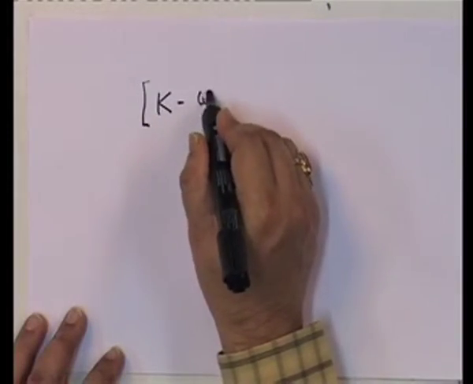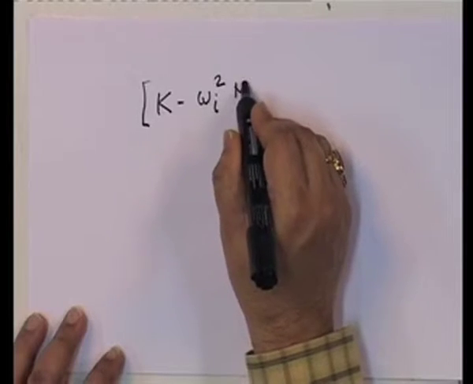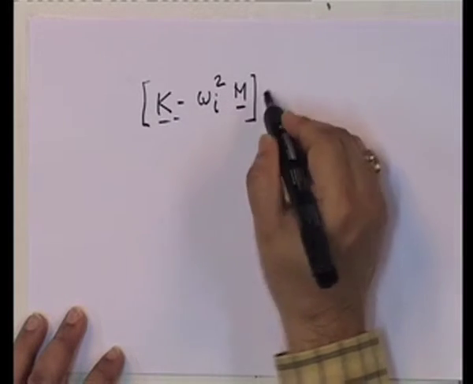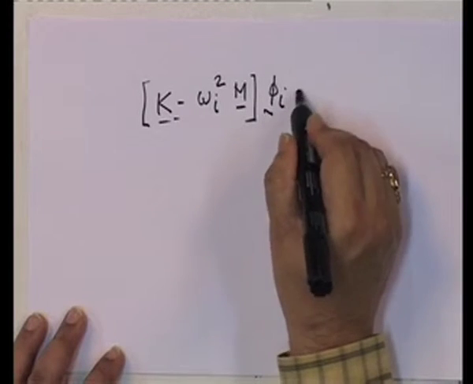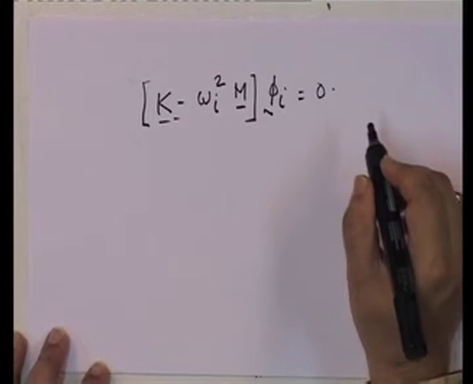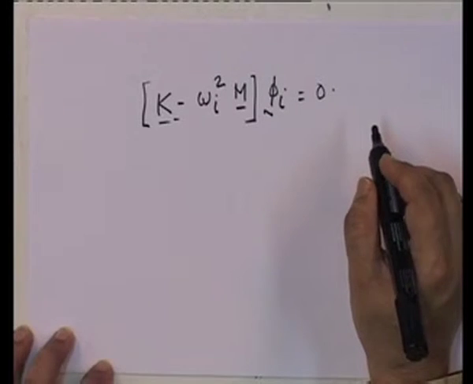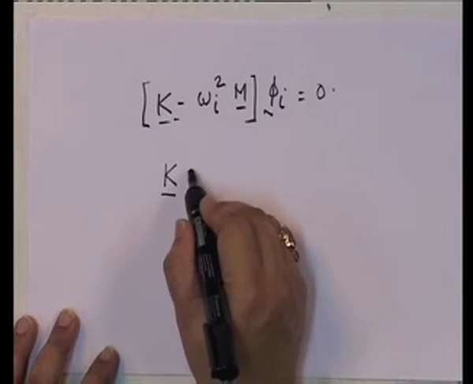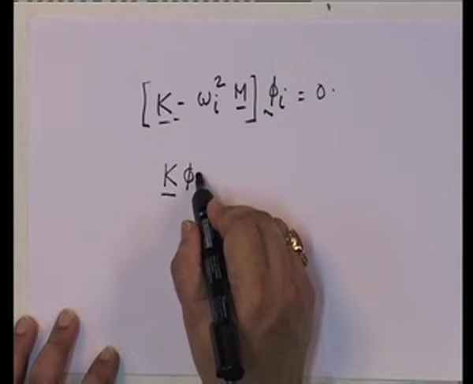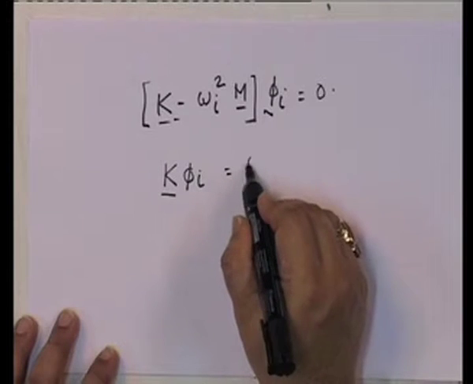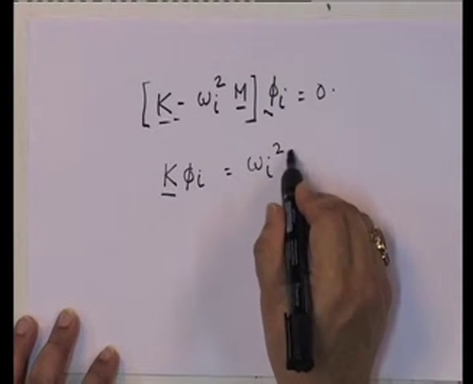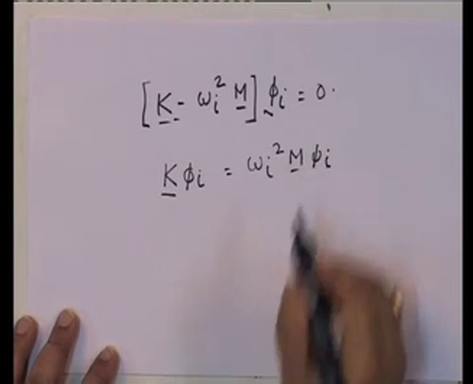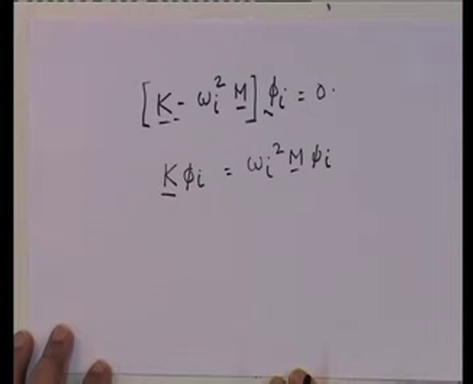Let us consider that k minus omega I squared m times phi I is equal to 0, right. If you look at this, we are seeing that k phi I is equal to omega I squared m phi I. You accept that?